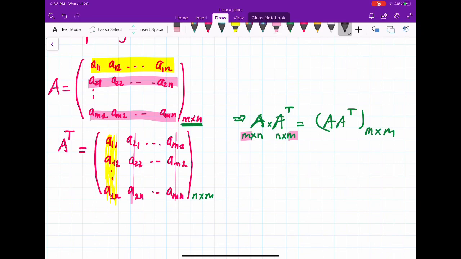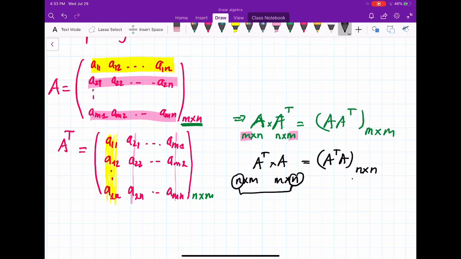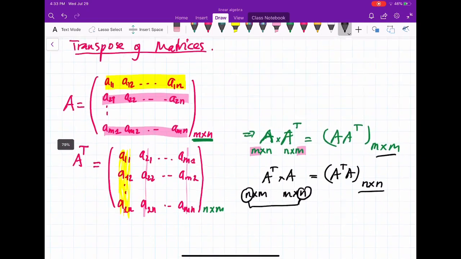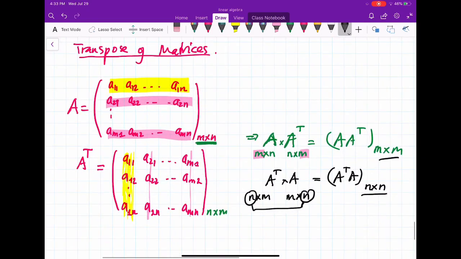But if you multiply AT with A, you get a matrix ATA, and the size of this is different. That should be n by n. Look at this. AT is n by m, right? Here is m by n. So in general, you have n by n. You see? So transpose matrices are really interesting because you can use transpose matrices to generate square matrices.